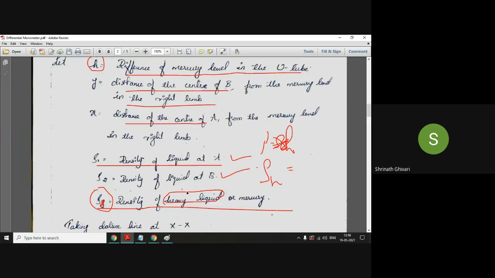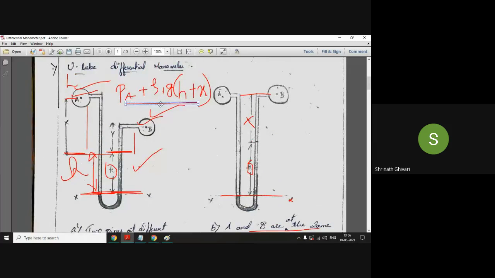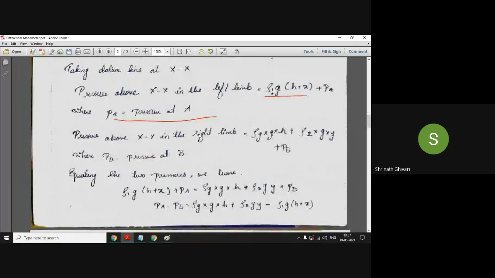Now on the right limb, can anyone tell me? On the right limb, PB plus ρ2 g y, and then g h. Let's see whether it's correct or not.